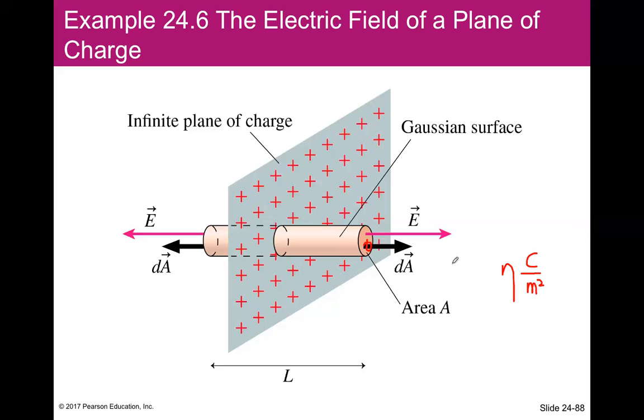And the distance between your testing point and the plane is L. How to calculate the electric field at this point? So I'll leave it for you after the class. Let's stop here. Take 10 or 15 minutes to solve the problem.